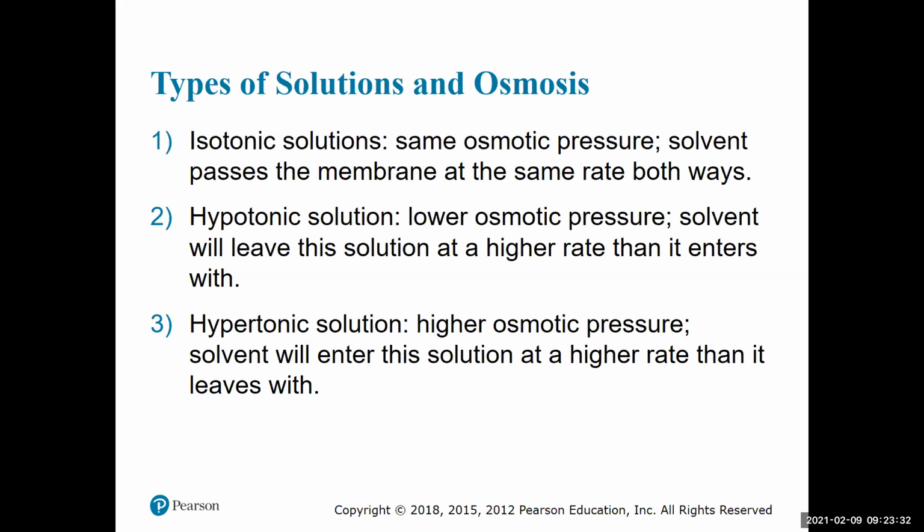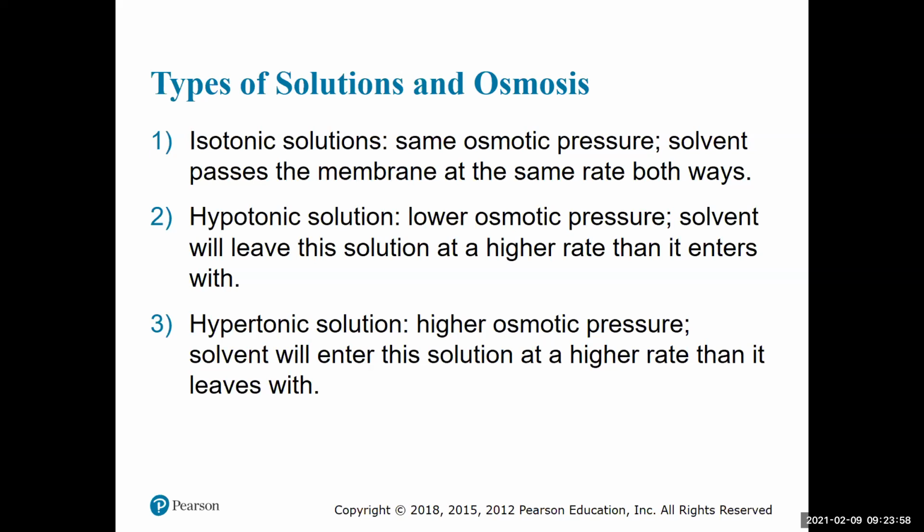So the solvent is passing across the membrane back and forth at the same rate both ways, so there's no net change in any concentrations. It's kind of like when we talked about vapor pressure in the gases. You're at equilibrium, so it's not just sitting there, but it's going back and forth at the same rate, so there's no net change.